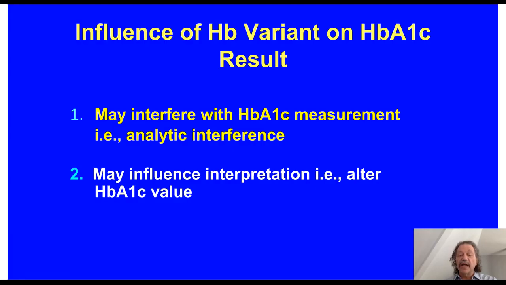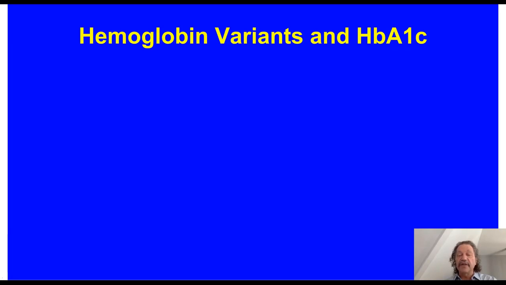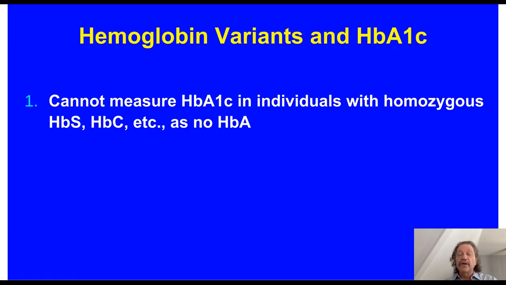So let's talk briefly about the analytic interference. It's very important to realize that one cannot measure hemoglobin A1c in individuals with homozygous hemoglobin S or C because there's no hemoglobin A. They have two hemoglobin S chains.